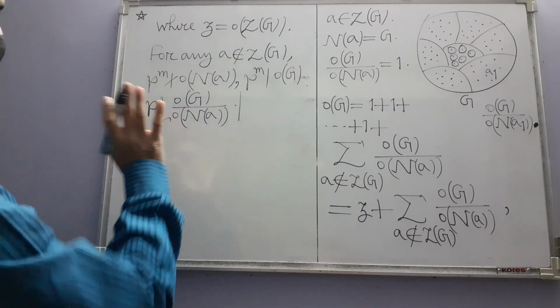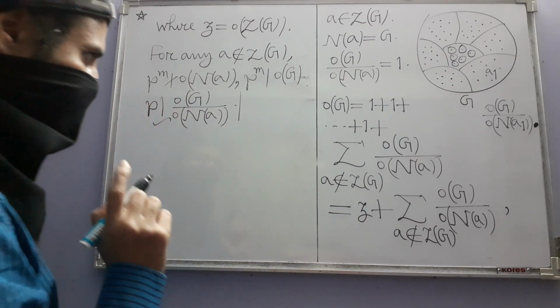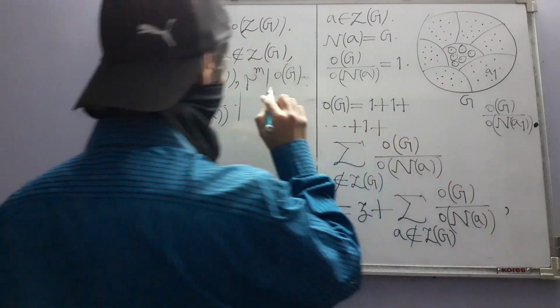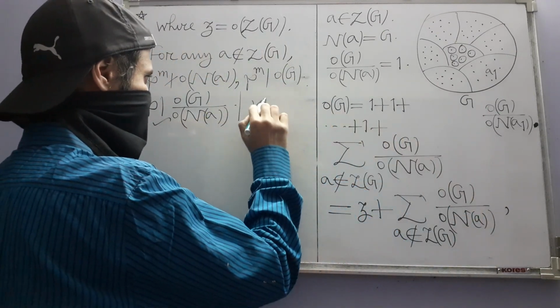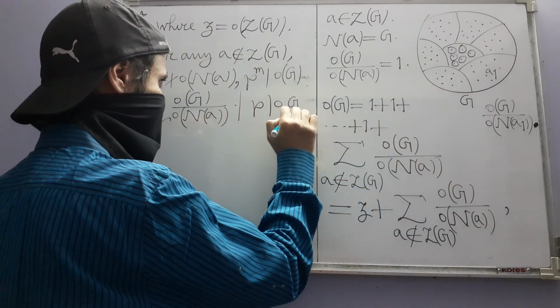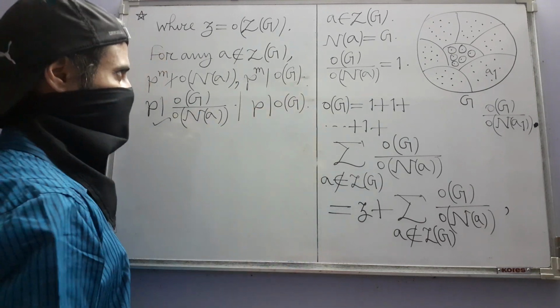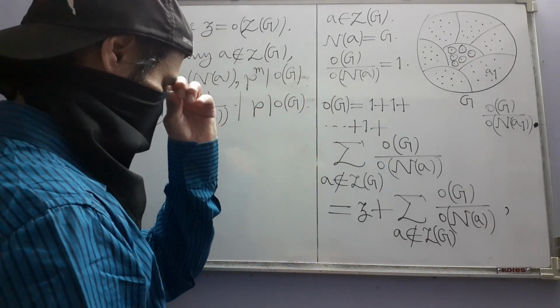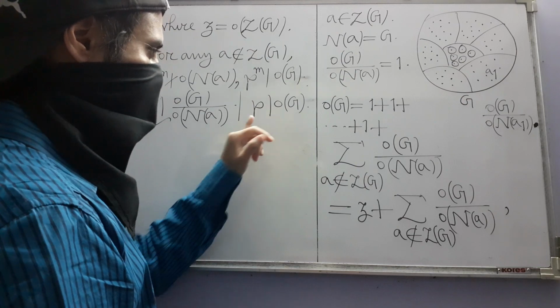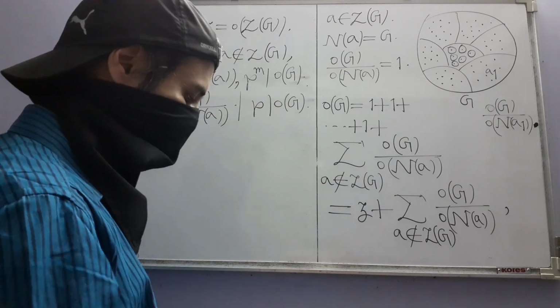But anyway, we now have this. And also, p of course divides the order of g, no doubt, because m is at least 1. We did not actually mention that, no?